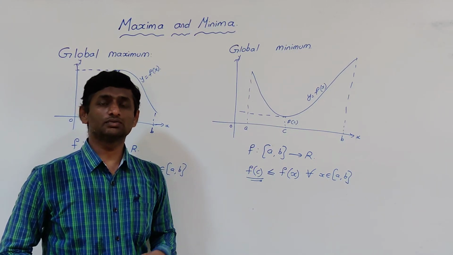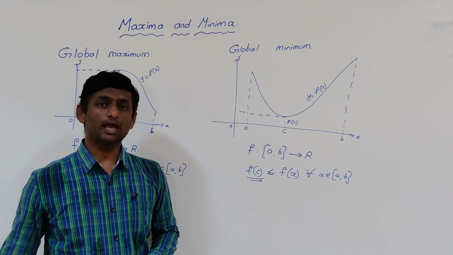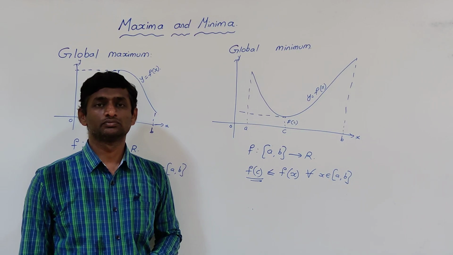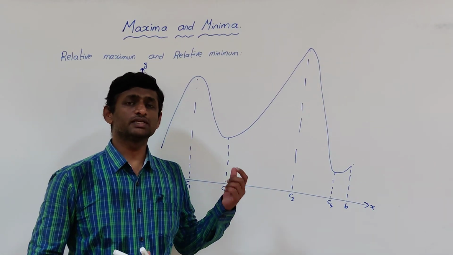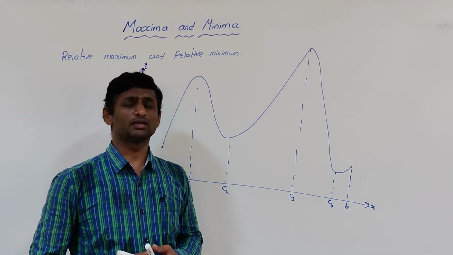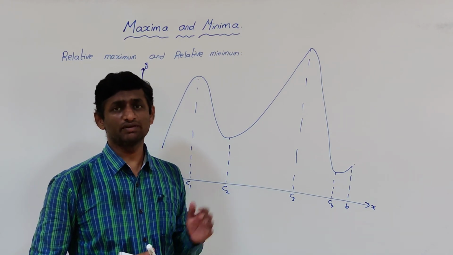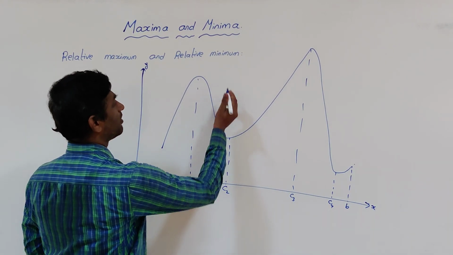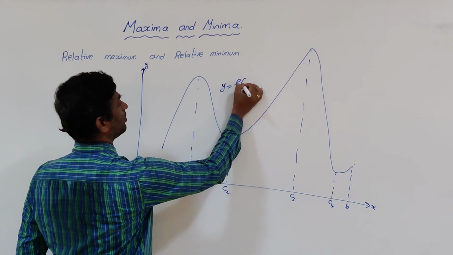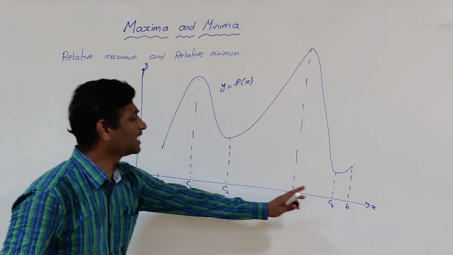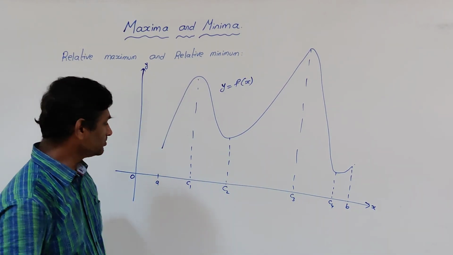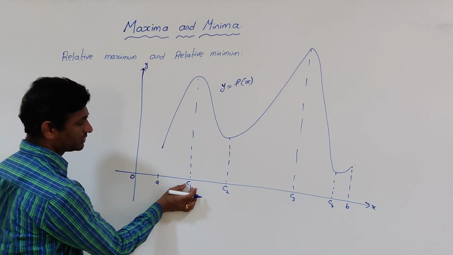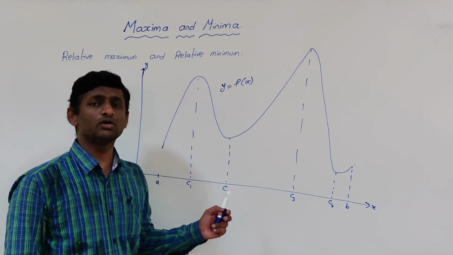Now we'll discuss local maximum and local minimum. So we'll see what the relative maximum and relative minimum of the function are, given the function y = f(x) defined on the closed interval [a, b]. Assume that c1 is the point of local maximum.